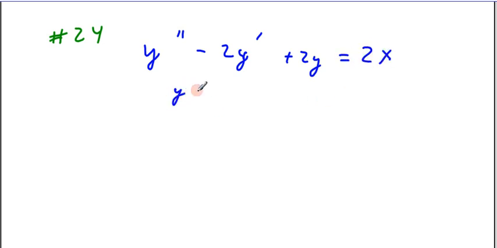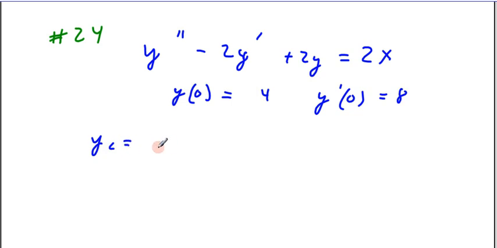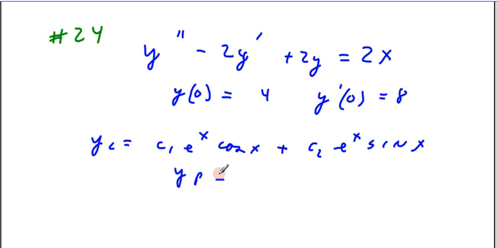We know y of 0 is 4, y prime at 0 is 8, and y sub c is c1 e to the x cosine x plus c2 e to the x sine x, and y sub p is x plus 1.